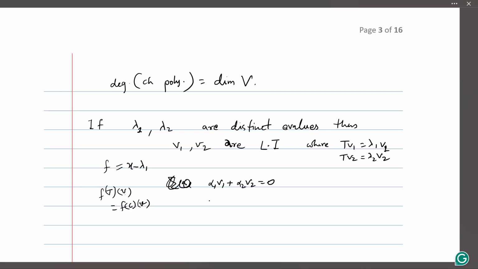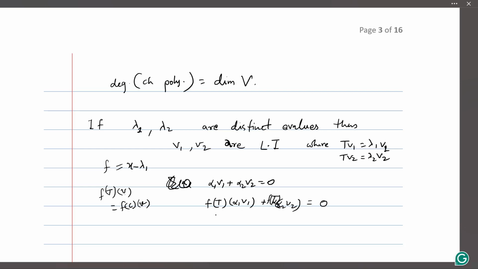So here in this case we have lambda 1. If you evaluate f(T) at alpha 1 v1 plus alpha 2 v2, it is equal to 0 because f(T) evaluated on the other side is 0.